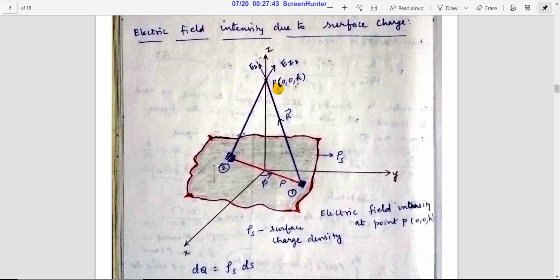In this video, we are going to see about the electric field intensity due to the surface charge density. Consider a surface charge density rho s, which is going to be spread on the xy plane, on both the positive and the negative sides.